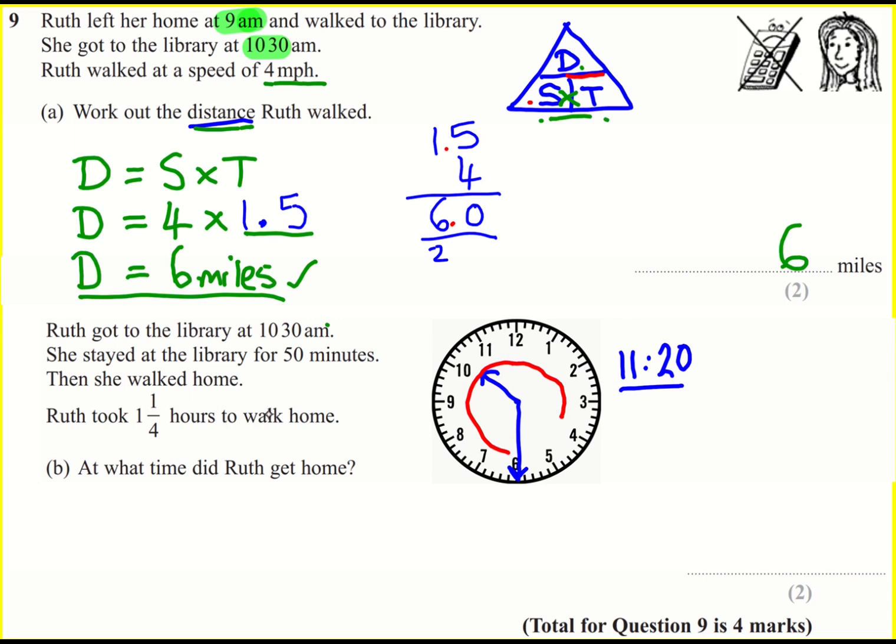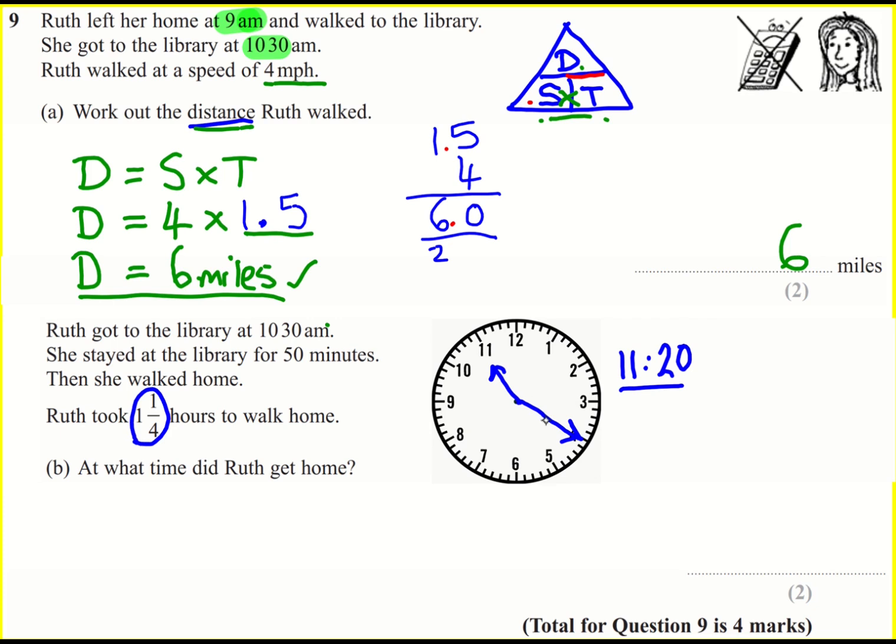Ruth took an hour and a quarter to walk home. So we're going from 11:20. So let's take that now to 11:20. And then she says she takes an hour and a quarter to get home.